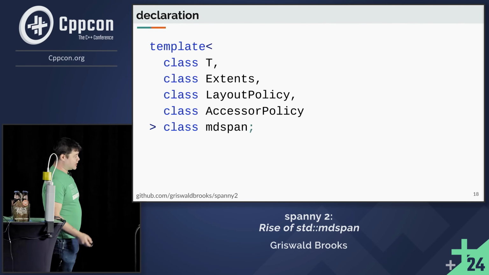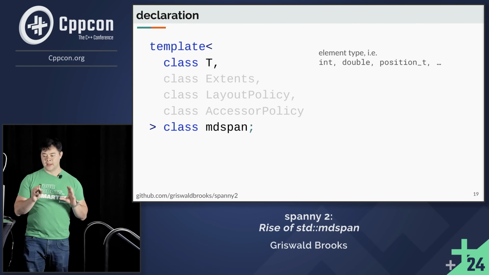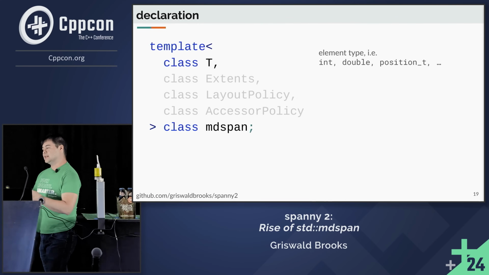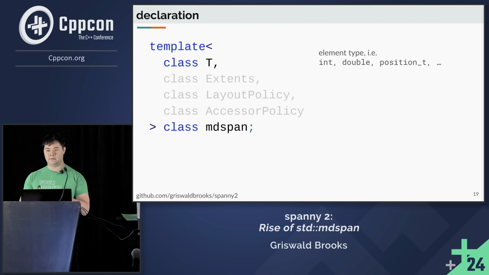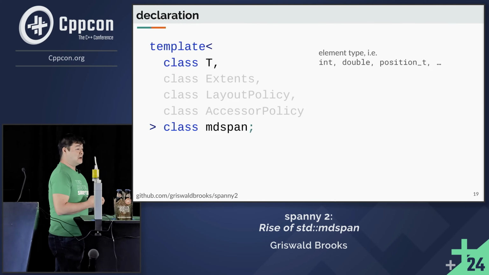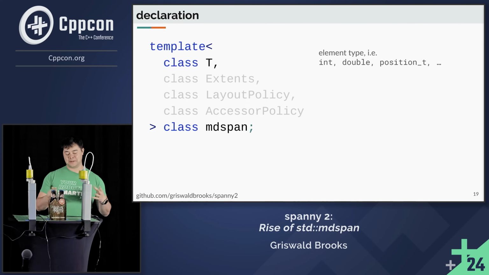This is the template declaration for mdspan. First off, the T, right? That's the element type that your data has. So you might have an mdspan of ints, of doubles, of position XY coordinates, of sample joint states or particles, something like that.